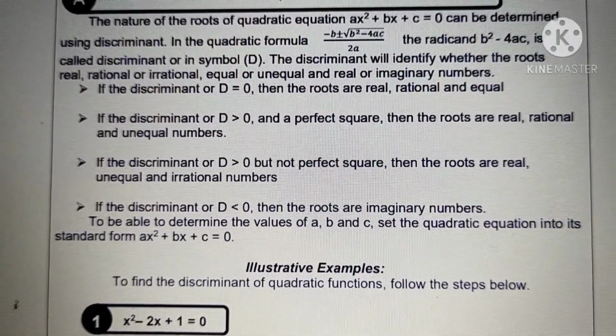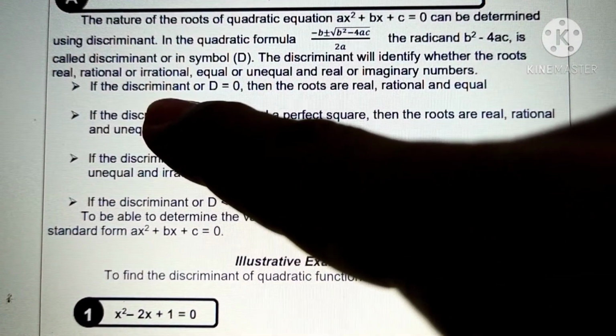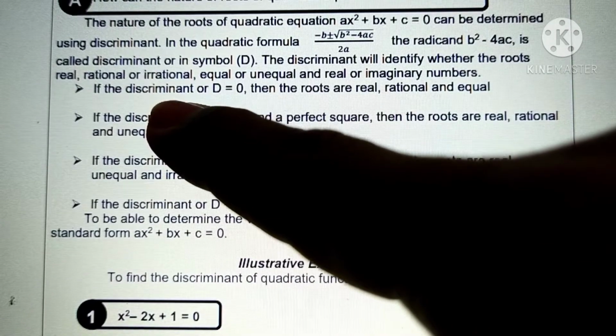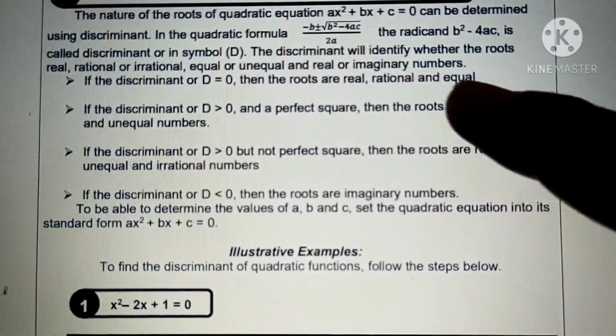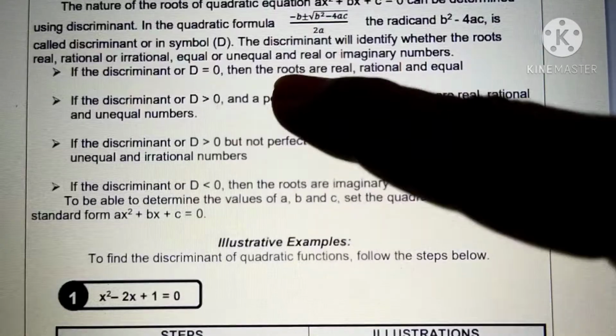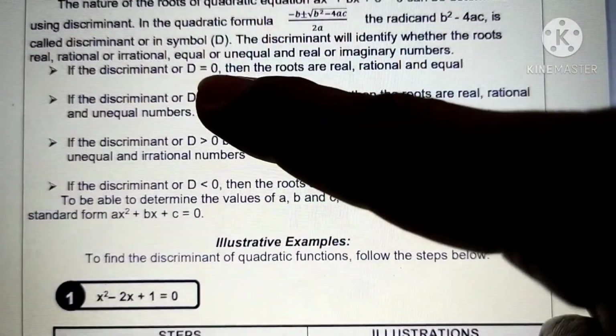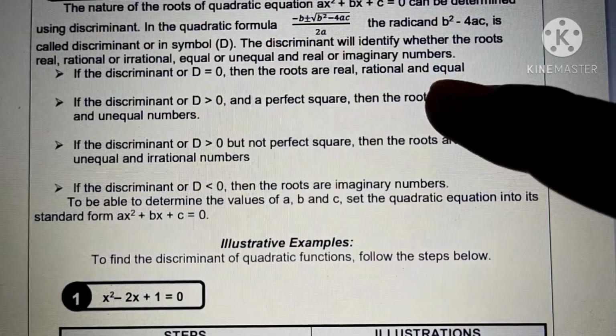So from the value of the discriminant, you can identify whether the roots are real, rational or irrational, equal or unequal, real or imaginary. So these are the four. If it is 0, therefore the roots are real, rational, and equal.